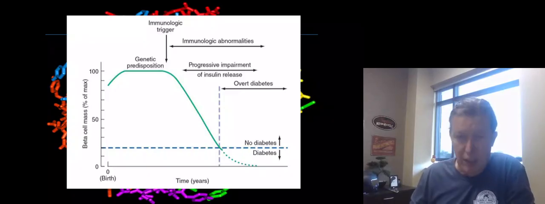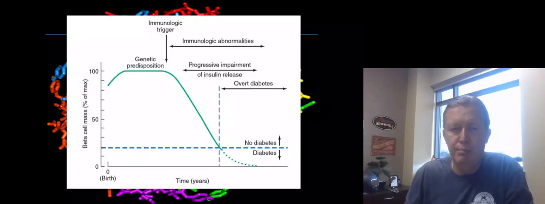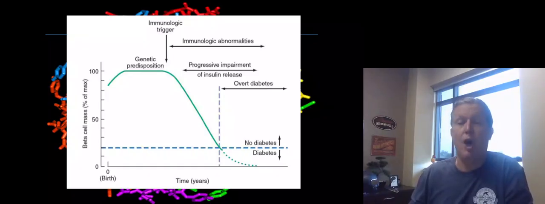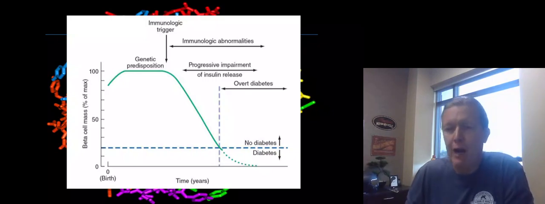So this could be an automobile accident. It could be a surgery. It could be an illness, whether it's viral, bacterial, or a mycobacterium, or any other type of immunologic insult. It could be an autoimmune issue that evolves. It could be a whole variety.